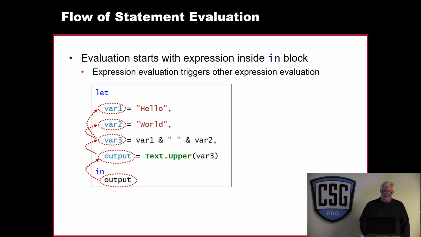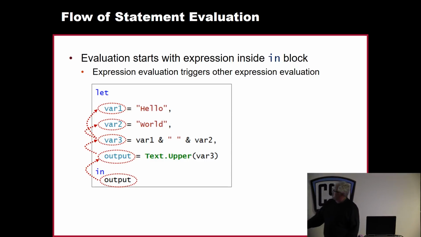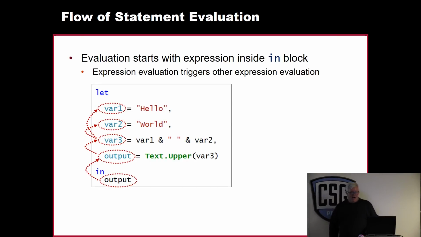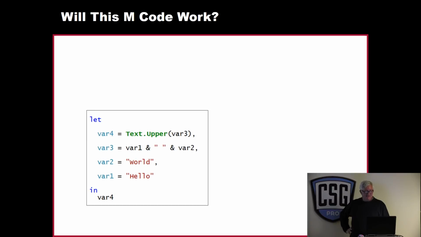So in order to calculate output, there's this trigger that basically evaluates var1, then var2, then var3, and then output. So everything gets evaluated, and then they return a single value back. Now, here's an interesting one. If you look at this code, var1, var2, var3, output, let's say I took my things and I reversed them.